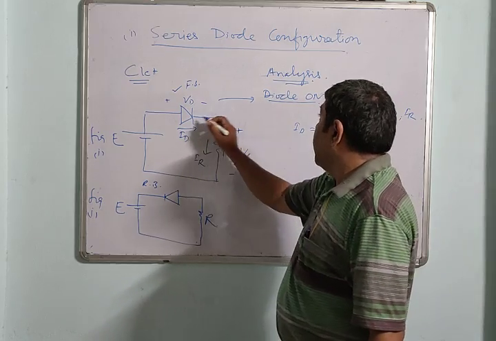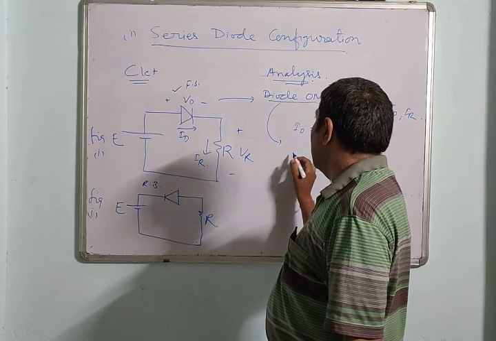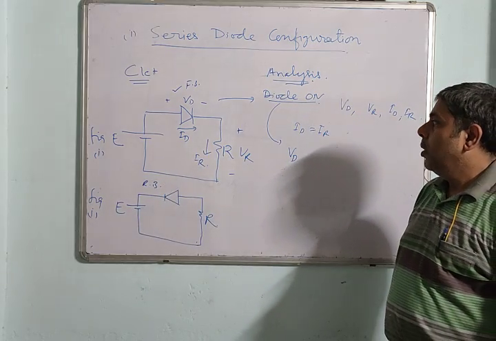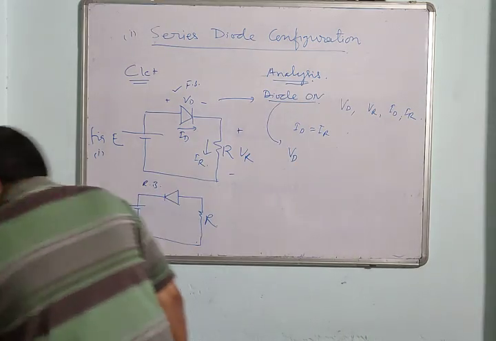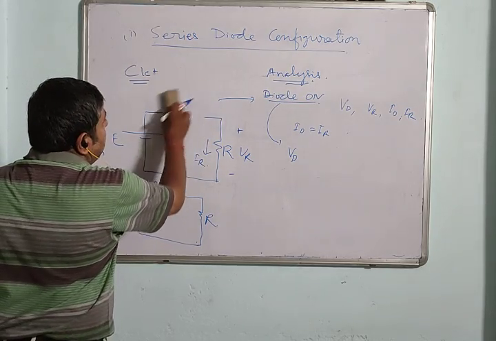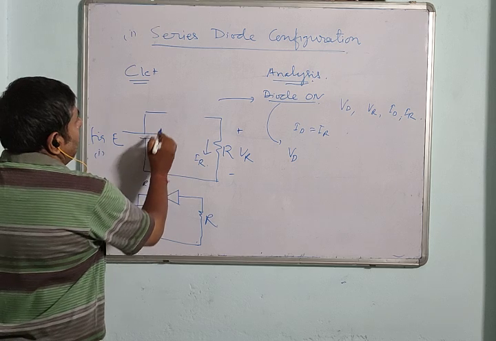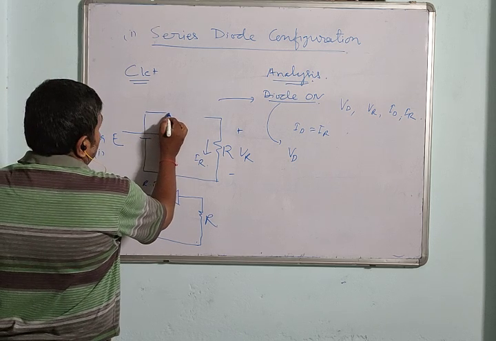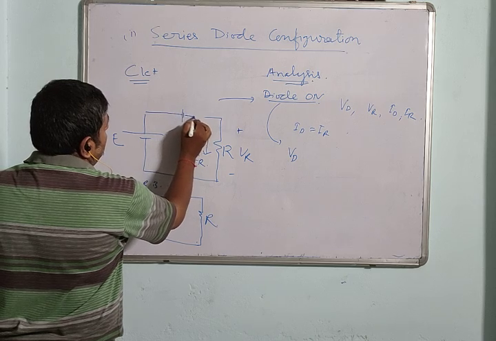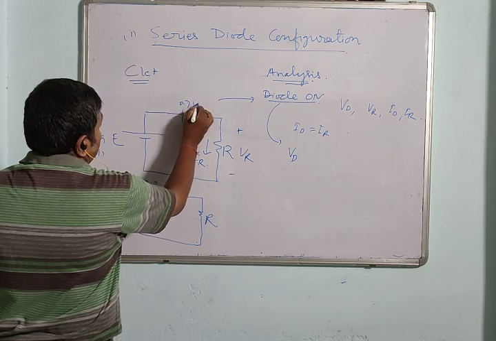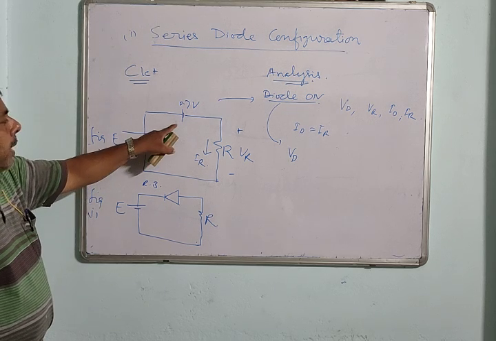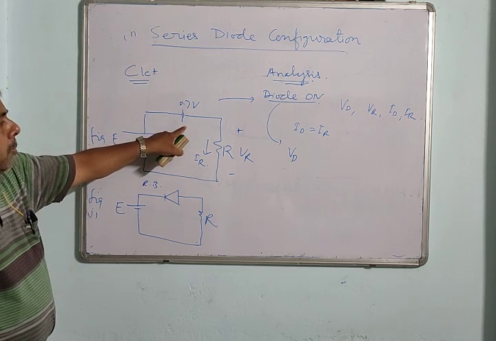And when diode is on, what is the value of VD? When diode is on, because this is forward bias, you can replace this diode by a short circuit, or you can replace by a battery of 0.7. So in forward bias, you have a drop of 0.7 volt.